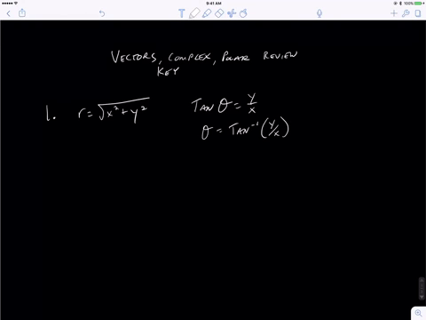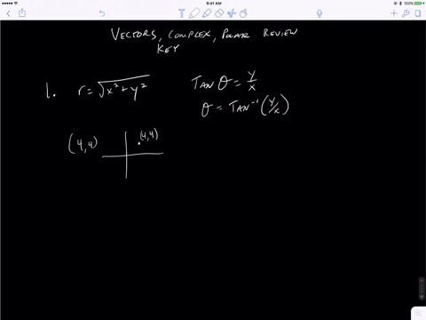Okay, so for the first one, it is (4, 4). I like to also just find out what quadrant we're in. So (4, 4) is approximately there. So I am saying that r equals the square root of 16 plus 16. So r equals root 32.